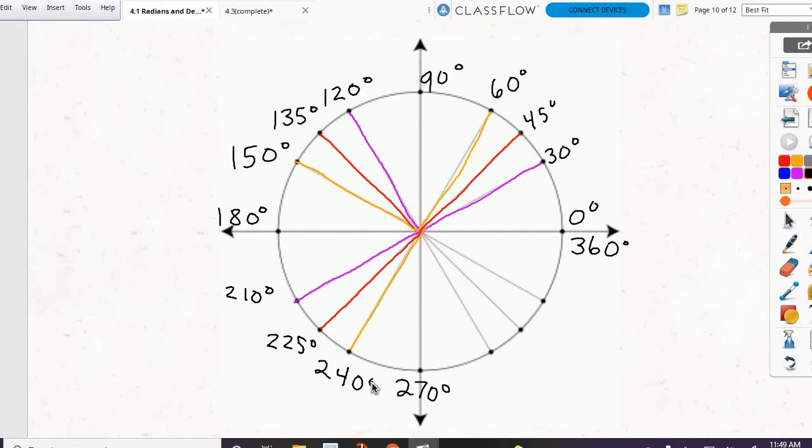Are we all okay with those? Questions so far? Then our last quadrant is going to work very similarly. Either we could take our first three and add 270, or we could take our second quadrant and add 180. Either way.